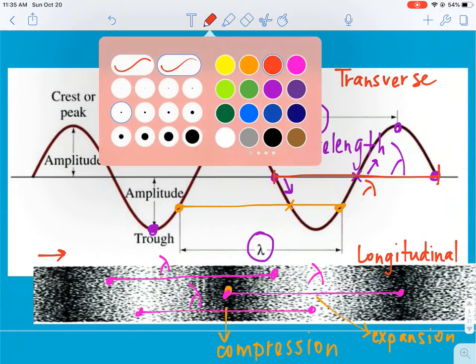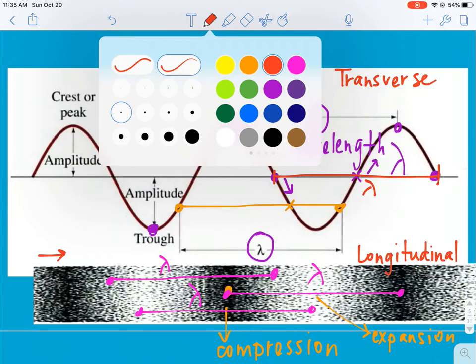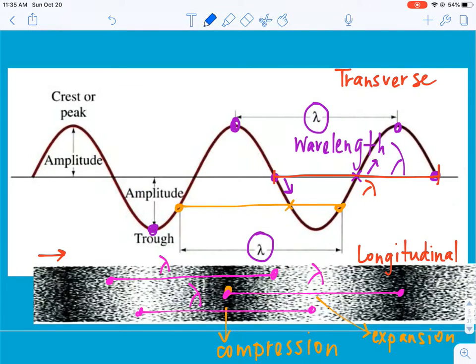Now the one other important aspect or element we're looking at here is amplitude, which is only in a transverse wave. We won't really look at this in longitudinal. It gets a little tricky, but it's about the height.